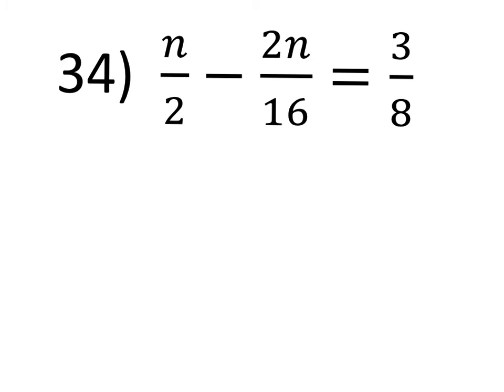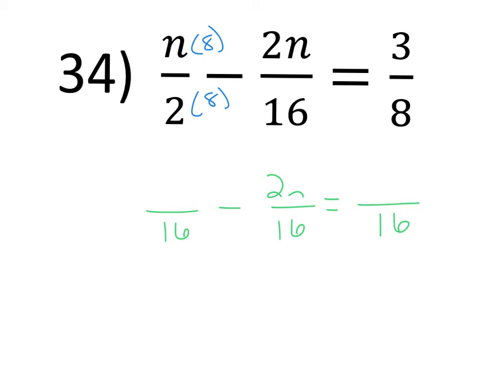All right, going to the next guy. On this one, it looks like the common denominator is going to be 16, so I'm going to put some 16s on the bottom here. On my first guy, I'm going to multiply by 8 to get 8n. I'm going to multiply this last fraction by 2 and get 6 on top there.